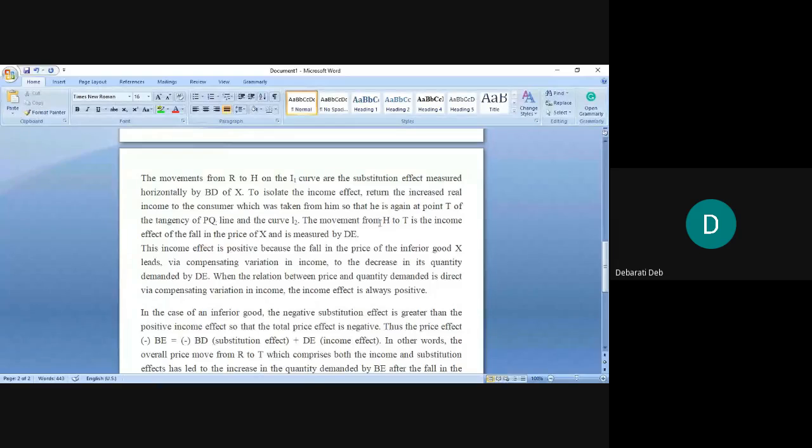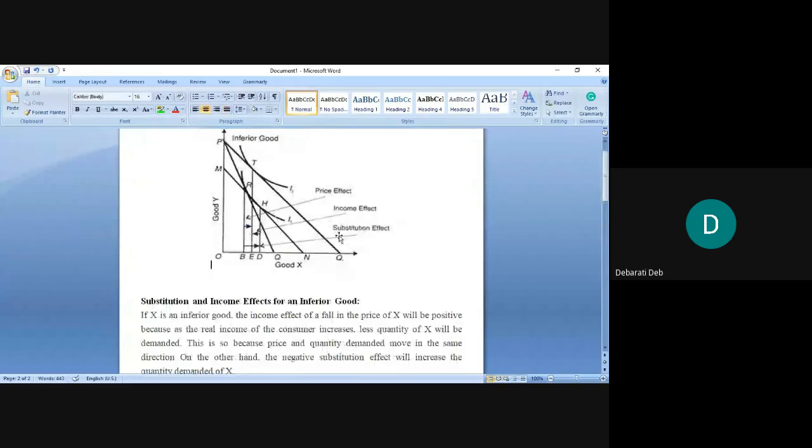The movement from H to T is the income effect of the fall in the price of X and is measured by DE. H to T. Now let's see H to T. Now we are returning him the income and sending him back to PQ1.